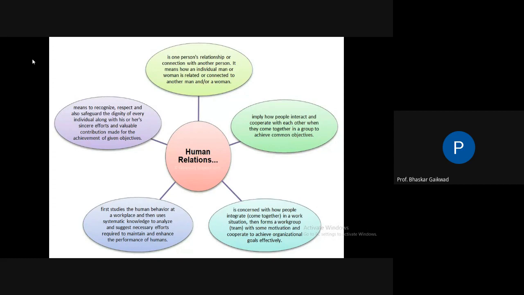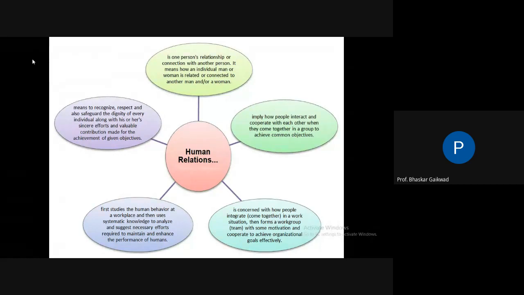Without a group, it is impossible to manufacture any product. So how that group will come together and be motivated, and help to achieve the organization's goals, coming together and doing group work to have certain effective goals in that industry, this relation is maintained by our work study.